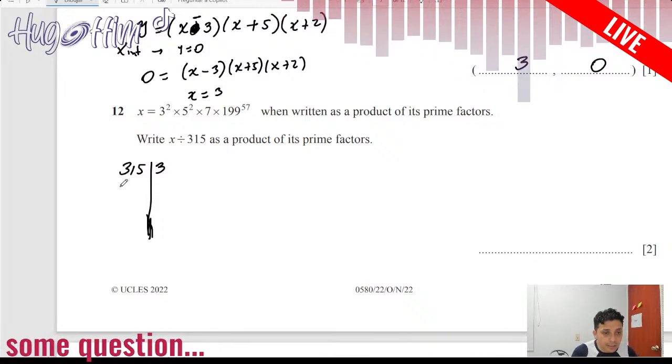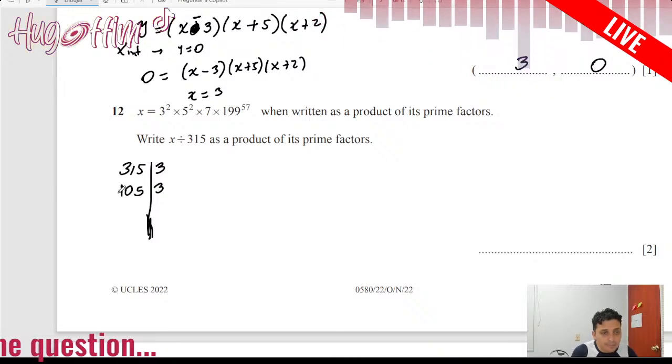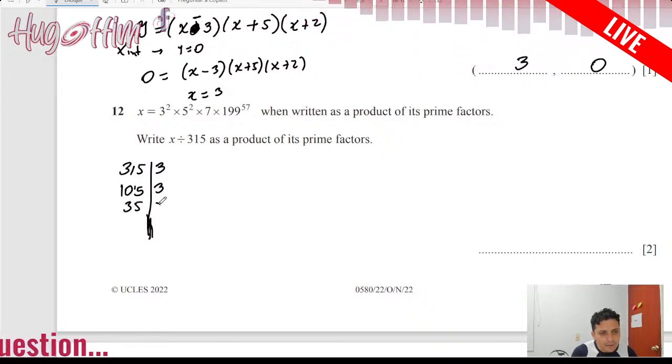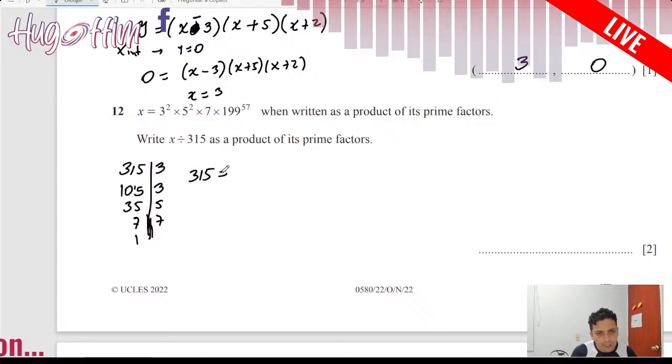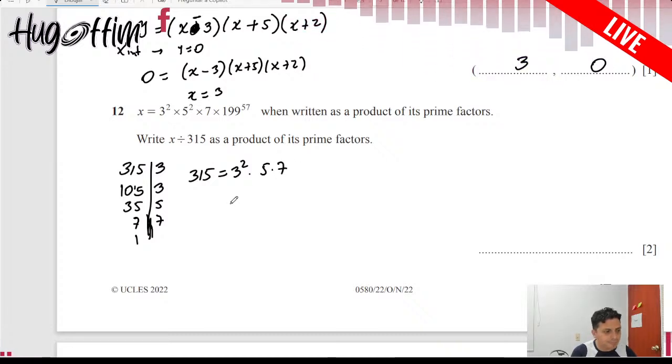Divide by 3, 105. Divide by 3, so it's going to be 35. Divide by 5, this is going to be 7, and divide by 7 is going to be 1. So 315 is just 3 to the second power times 5 times 7.